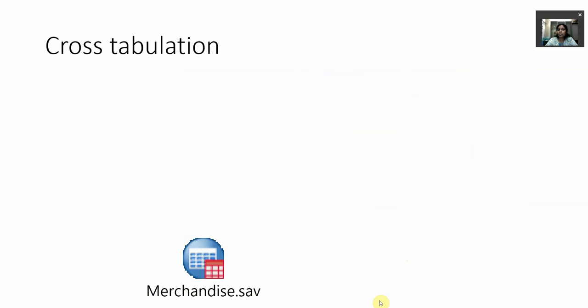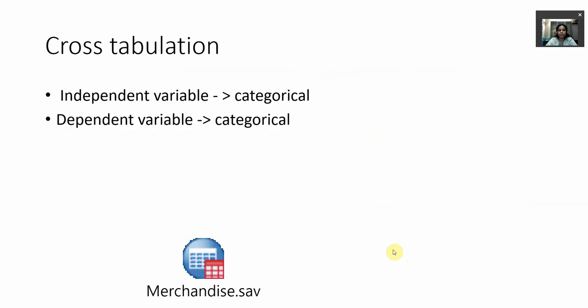Now coming to the cross tabulation. Cross tabulation is used when we have an independent variable and a dependent variable and both these are categorical in nature, then we use the cross tabulation analysis.